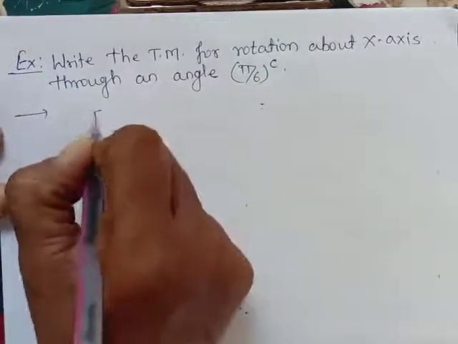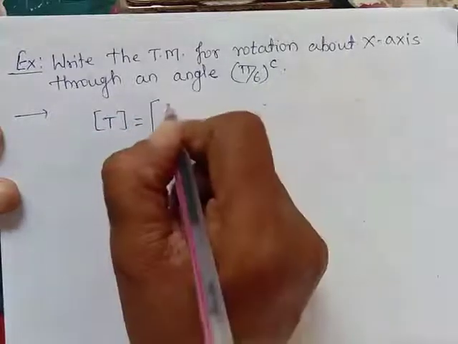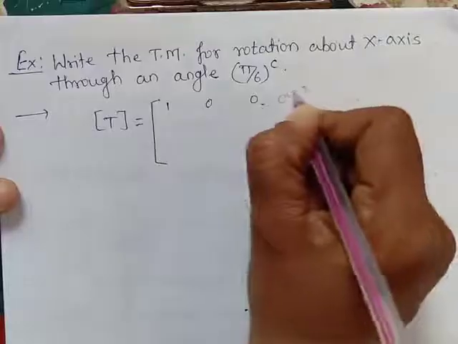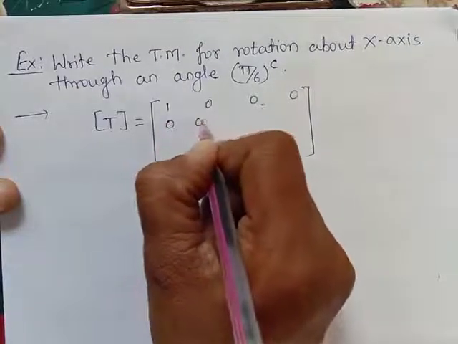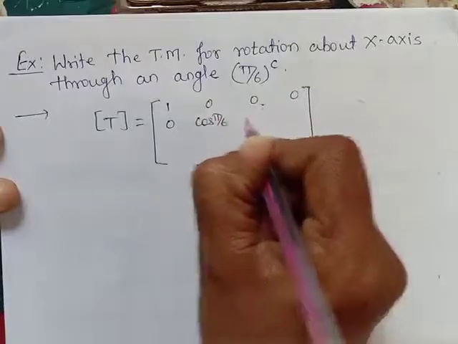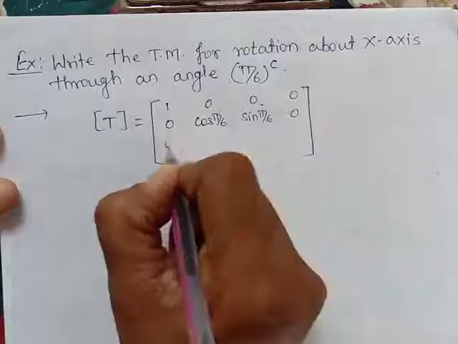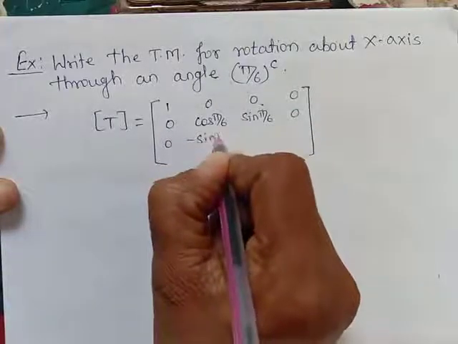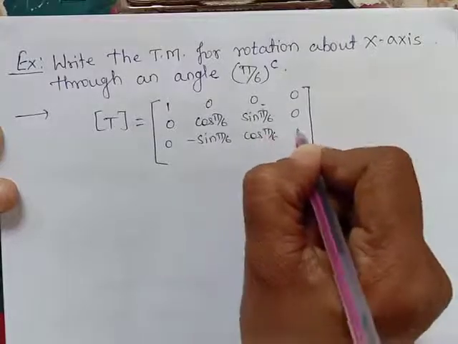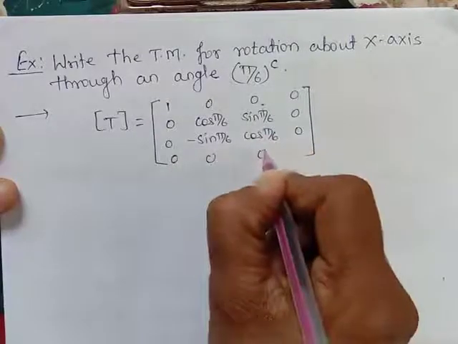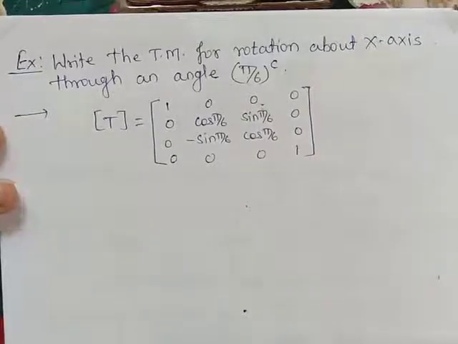So in that case, what is the transformation matrix T about x-axis? So 1 0 0 0, 0 cos of pi/6 sin of pi/6, 0 0 minus sin of pi/6 cos of pi/6, 0 0 0 1 is the transformation matrix for rotation about x-axis.